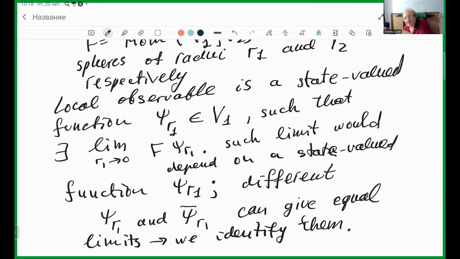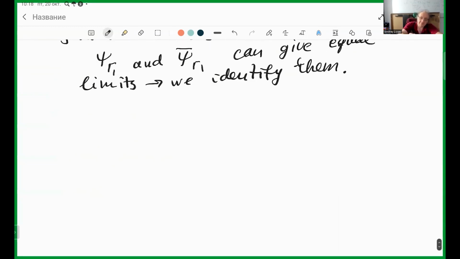So in some sense, a local observable in quantum field theory is like velocity or like a tangent vector in differential geometry. Analogy.